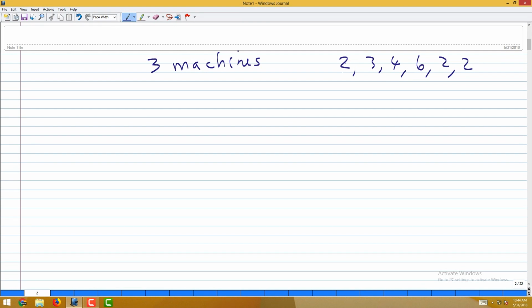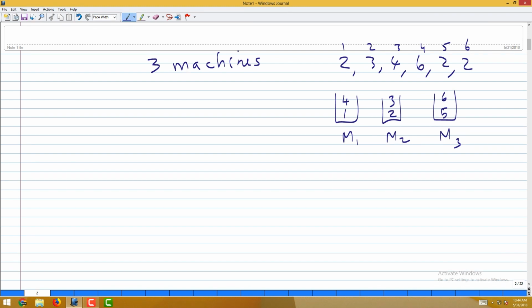Let us call these jobs 1, 2, 3, 4, 5, 6 and I want to assign these 6 jobs to 3 machines. So, let us think of some assignment. This is machine 1, machine 2 and machine 3. I may assign jobs 1 and 4 here, maybe 2 and 3 here, and maybe 5 and 6 here.